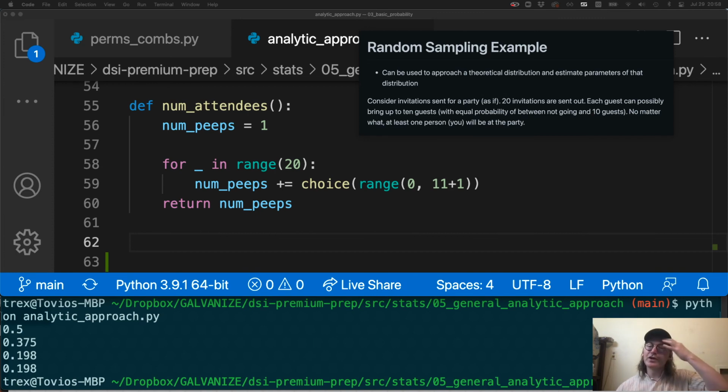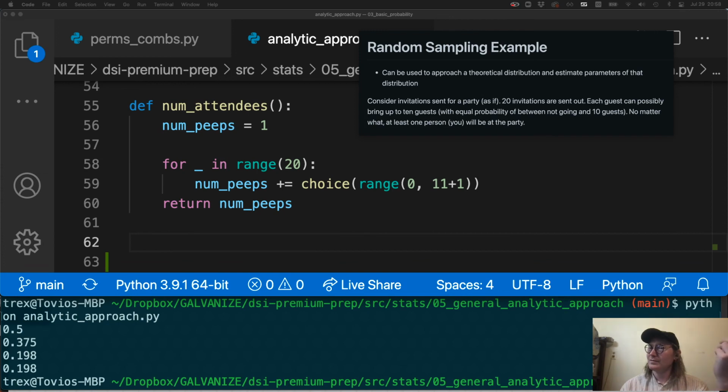Yeah, these are some good guesses, and I think this is sort of contingent on your intuition a little bit, but also if you look at the problem, 20 invitations sent out, and you're going to get roughly how many people from each invitation if there's an equal probability between 0 and 11 people?